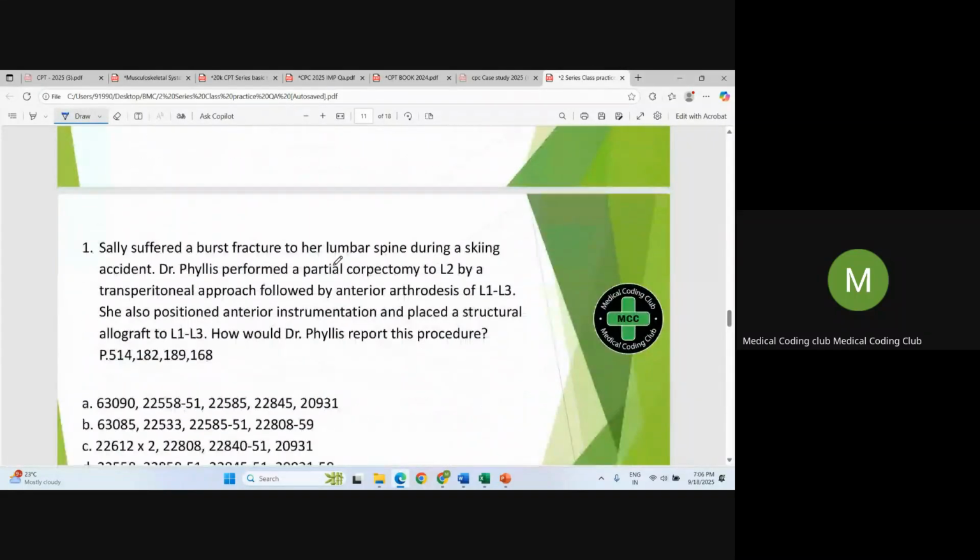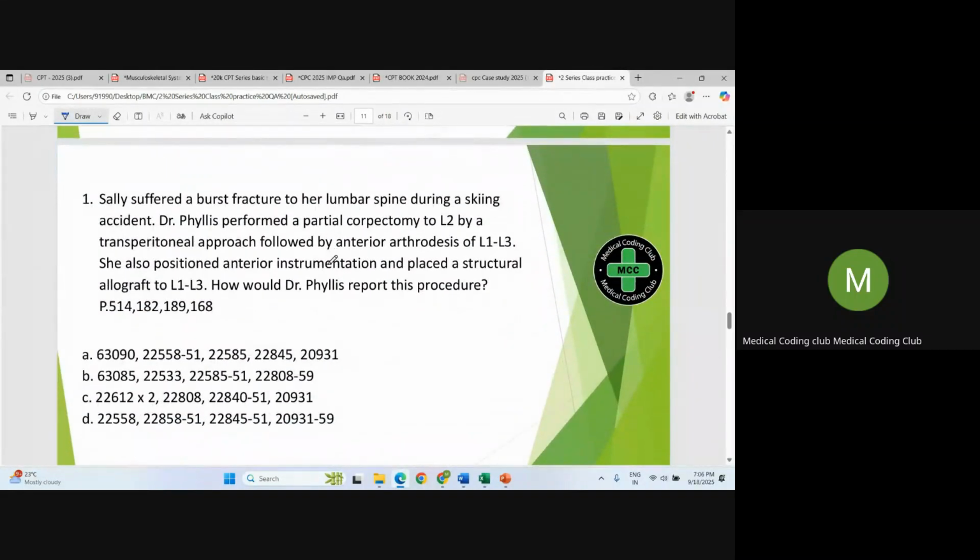So firstly, I'll start with the questions. We have many questions here. Let's read the question and understand. Sally suffered a burst fracture to her lumbar spine during a hiking accident, and Dr. Phillips performed, what is important I'll read.